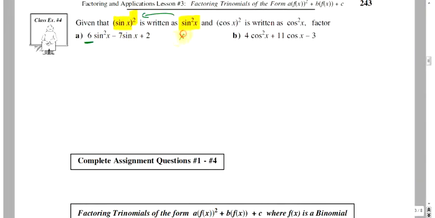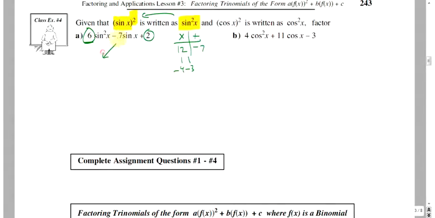What multiplies to 2 times 6, 12, and adds to negative 7? 12 and 1? No. 6 and 2? 4 and 3? Good. Okay, we got a minus sign here though, so is that going to work? Okay, multiplies to positive 12, adds to negative 7.